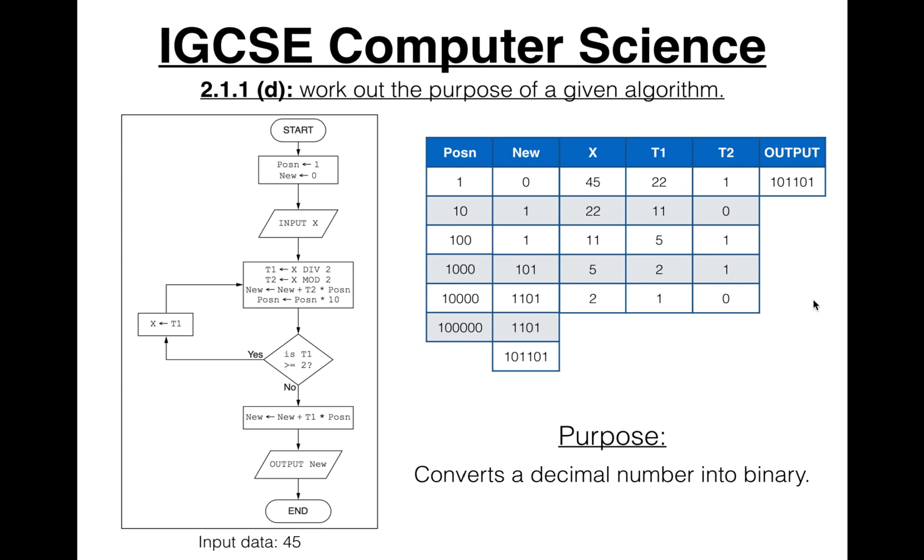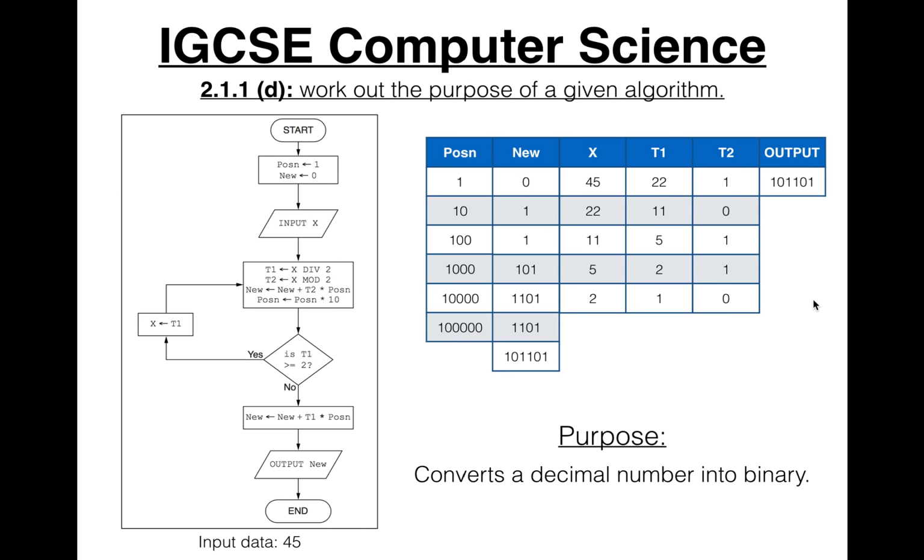Now the reason why I wanted to get into this in depth is because I struggled with this kind of stuff, and I still kind of do. On the first past paper that I tried, the purpose was, I think, a check digit calculator or something like that.